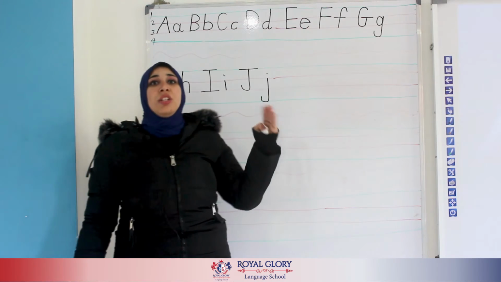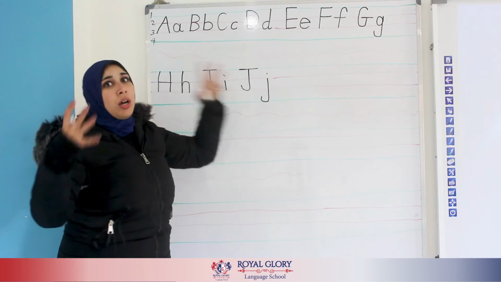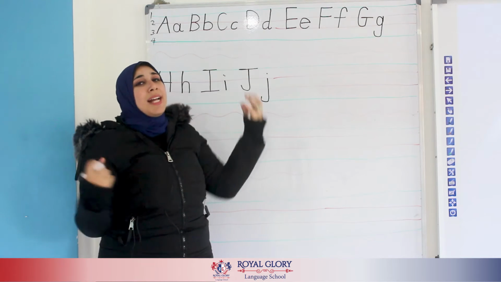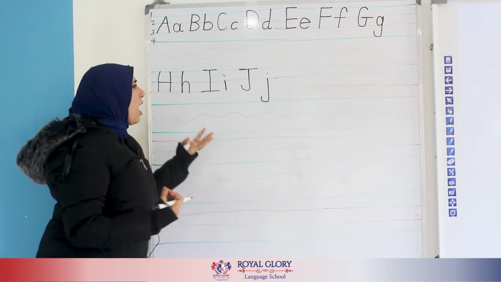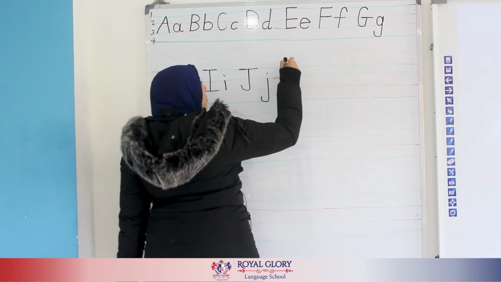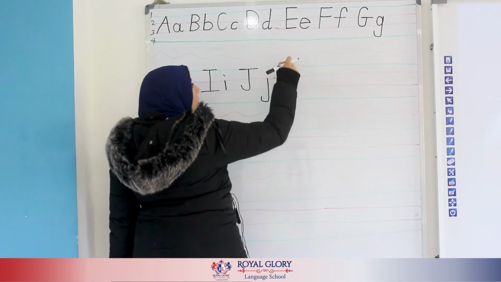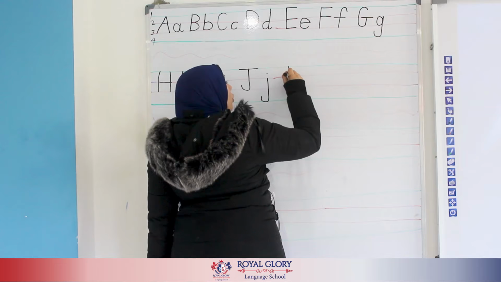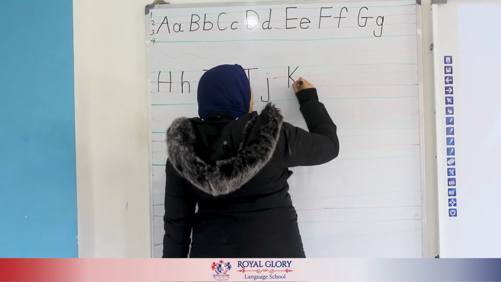After letter J, letter K, sound of K, strong C and K, okay? How can I write the K sound? From line number 1 to line number 3, down, make a straight line, make a standing line down, okay? On line number 2, make a slanting line up and slanting line down.